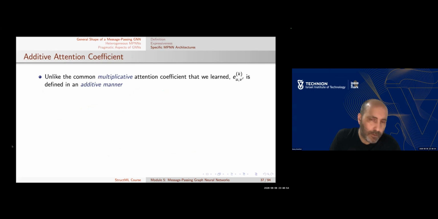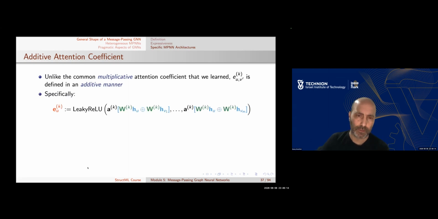Well, here there's a special variation of attention. Usually in attention, we take the product of the query and the key. The query and the key relate to each other using product. Here, they are used in an additive manner, and it looks like that. This is the query of U, W^k h_u, the previous value, and we take the concatenation with the key. This is W^k, same W^k, h_v1.